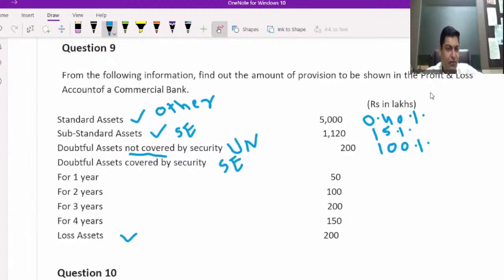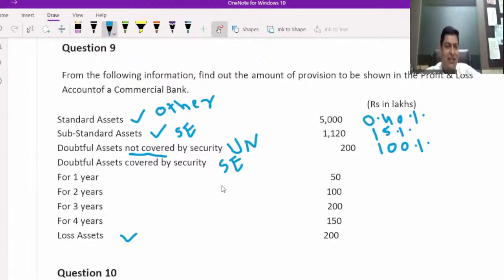Fine. Now doubtful, which is secured. Now guys, please let me know what will be the percentage on 50, 100, 200 and 150. Tell me. 50, how much? 100, how much? 200, how much? 150, how much?